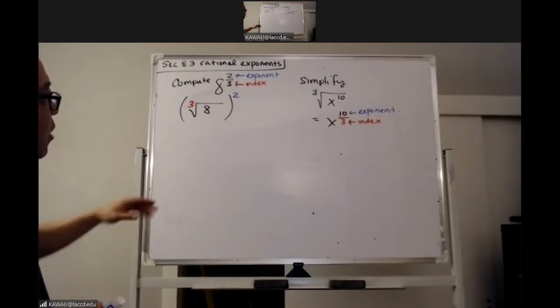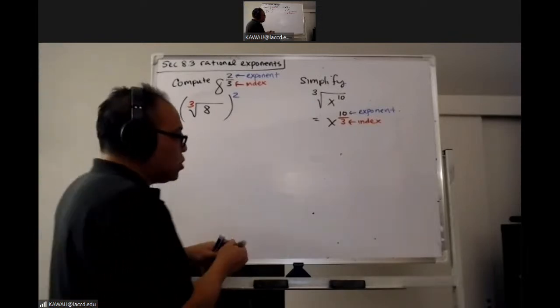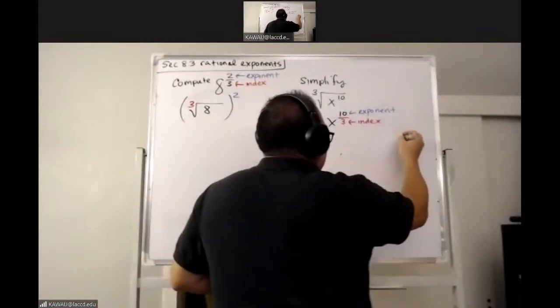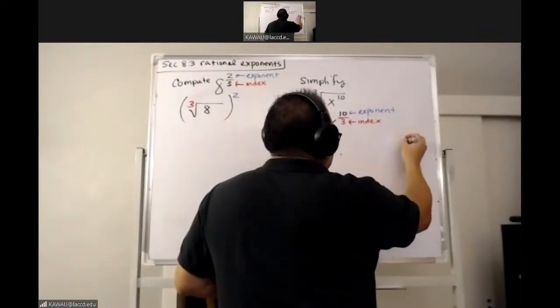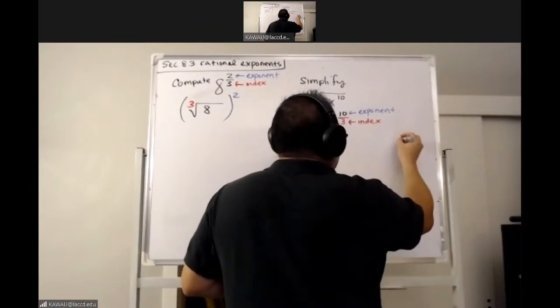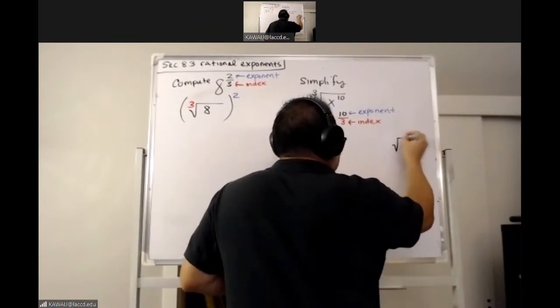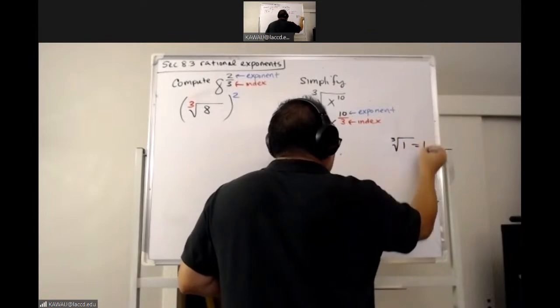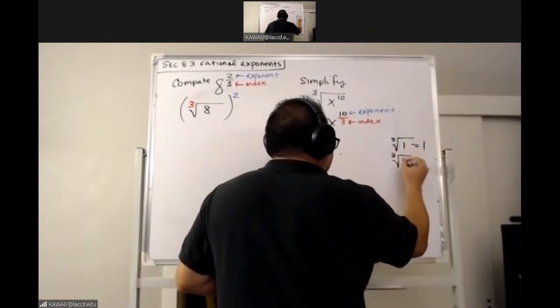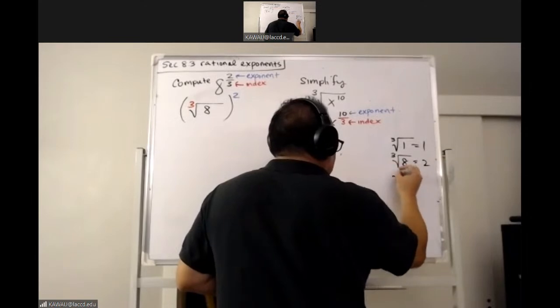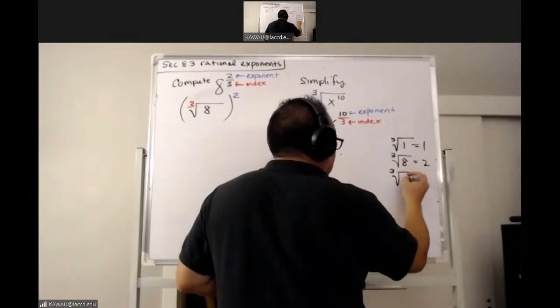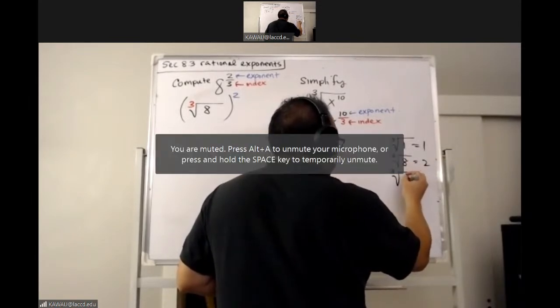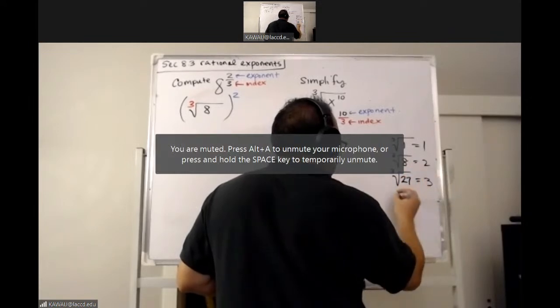Okay. Now, just know that you should learn some of the most common cube roots. So cube root of 1 is equal to 1. Cube root of 8 is equal to 2. Cube root of 27 is equal to 3.